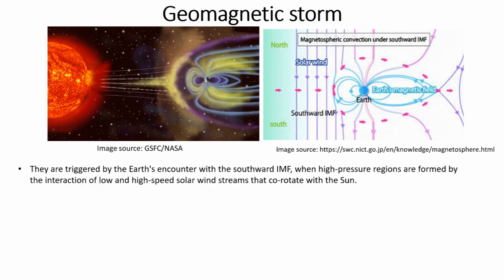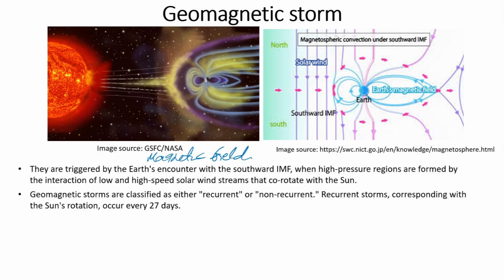These geomagnetic storms are triggered when the Earth encounters the southward IMF, when high pressure regions are formed by the interaction of low and high speed solar wind streams that co-rotate with the Sun. Geomagnetic storms are classified as either recurrent or non-recurrent.